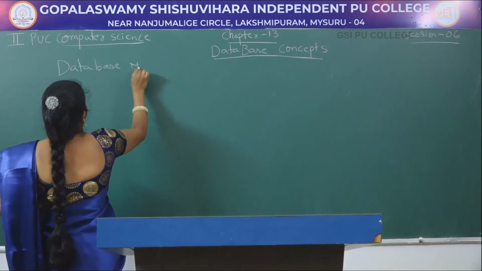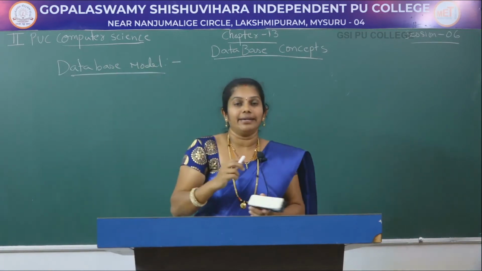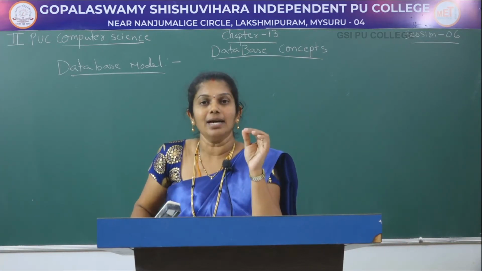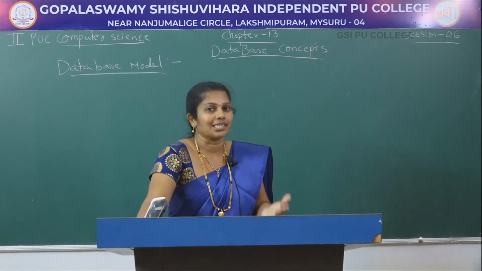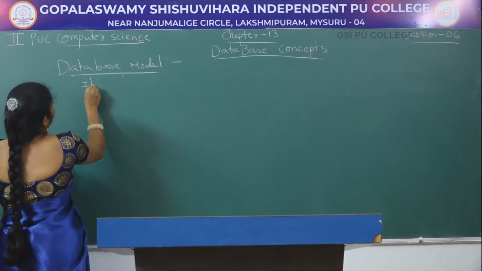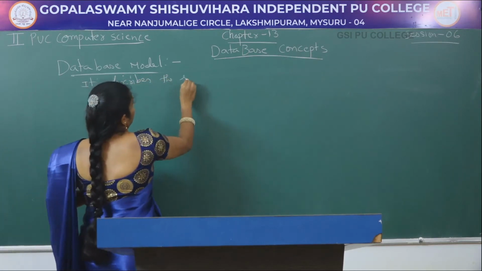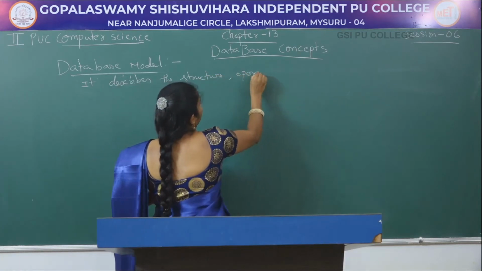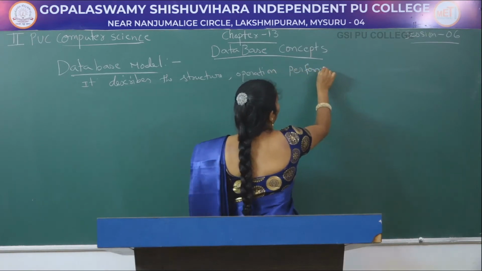Database model. What do you mean by this database model? It describes the general structure of the data in a database, or we can say that it describes the structures and operations performed in a data.